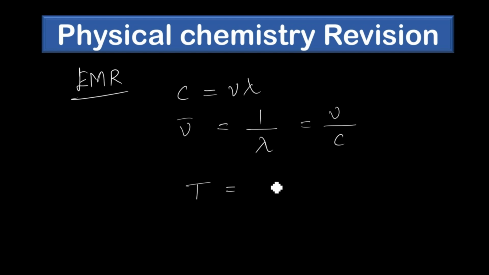T, which is equal to 1 by nu or lambda by c. So for time period you can use the frequency or wavelength and velocity. Okay, so these are the important formulas. You can expect simple questions from here as well.